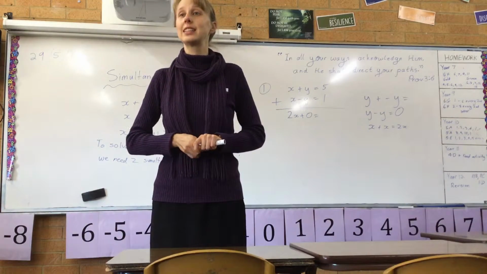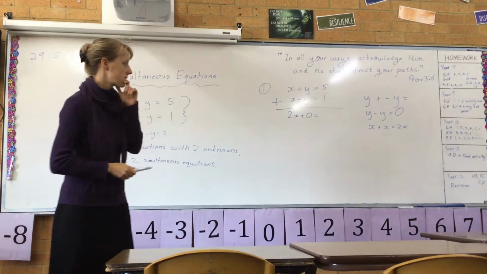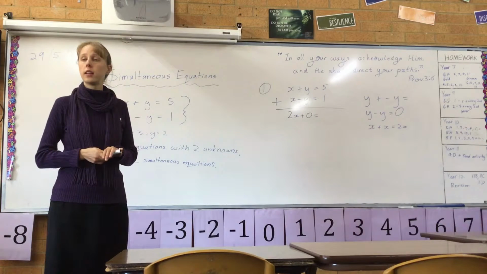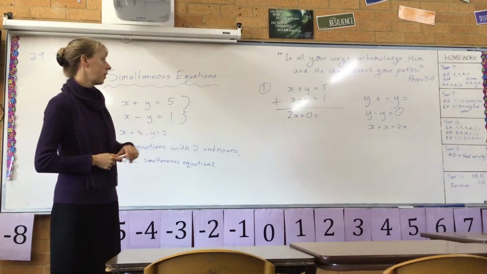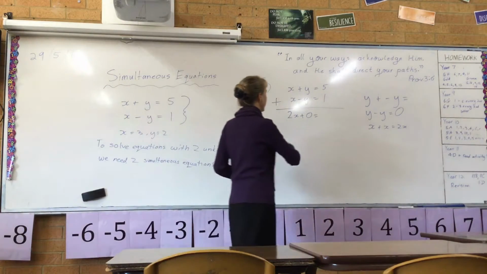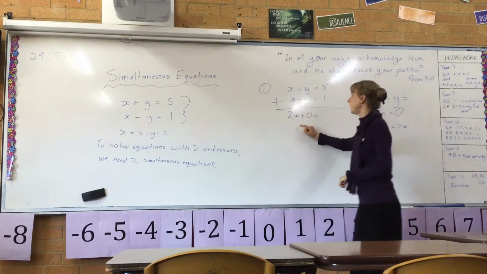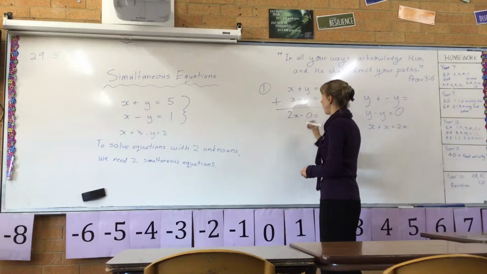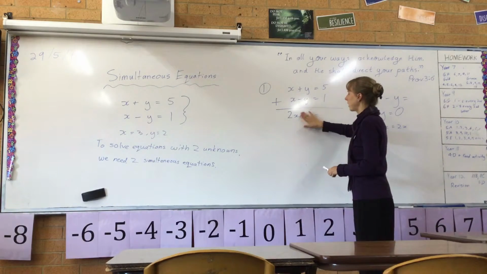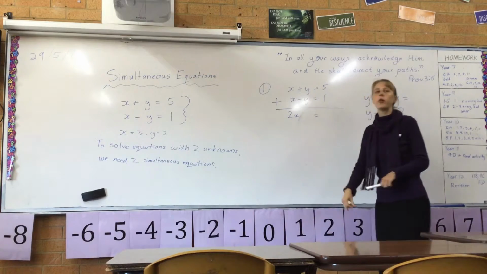Yes, Kate. So if it's minus y, and that equals 0, how can you put it plus in the equation? Oh, okay. It doesn't actually matter. It's just completely gone. So I can put a plus, I can put a minus, or I could just write it like that. Three different ways to do it.